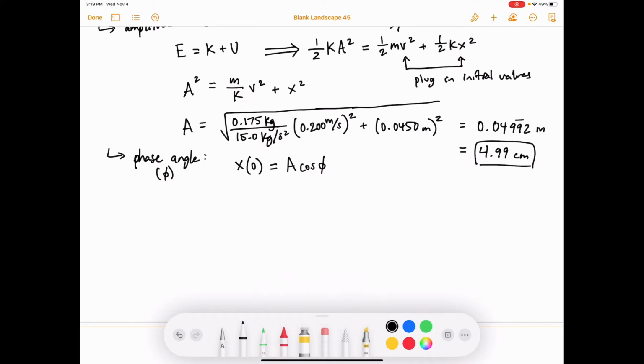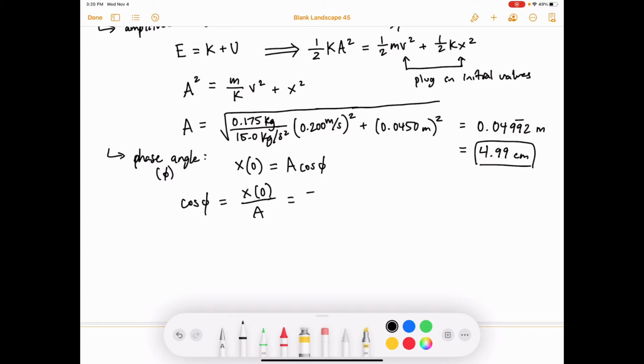So we can rearrange this to try to solve for phi, because cosine phi is equal to x0 divided by A. You have to be a little bit careful here. Initially, the spring is compressed, which means the x initial is negative.